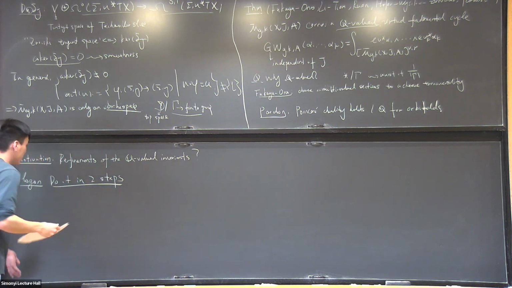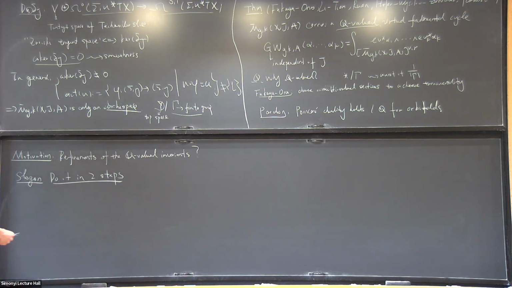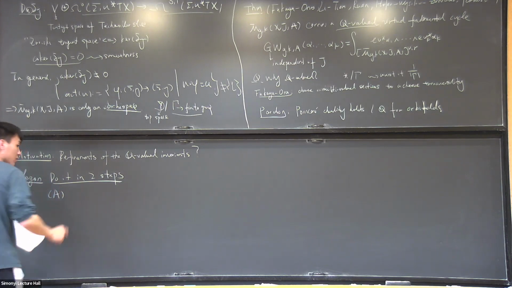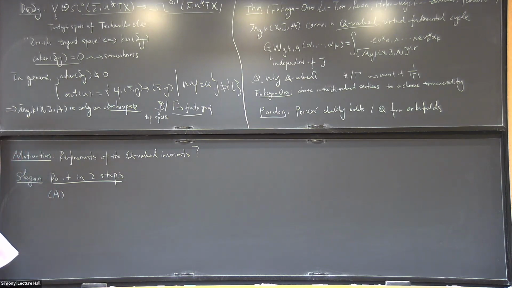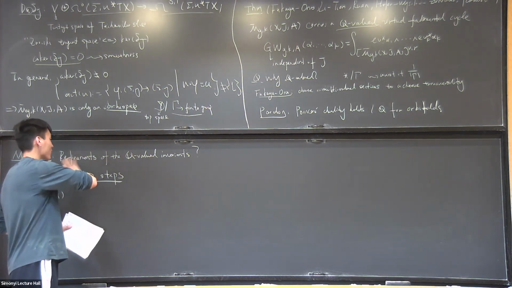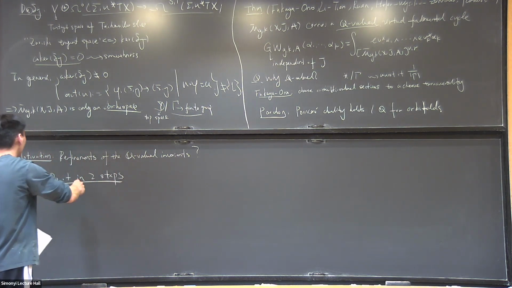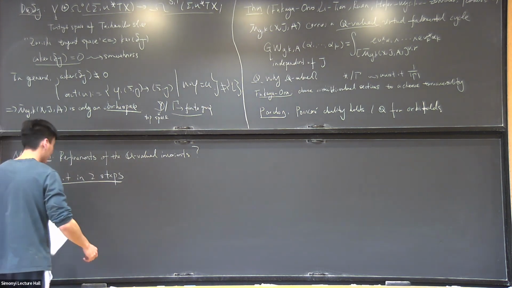So the first one is the following. In some sense, we want to find a universal homology theory which can host this moduli space. I'll tell you exactly what refinement means later. So let me tell you what I want to do first.